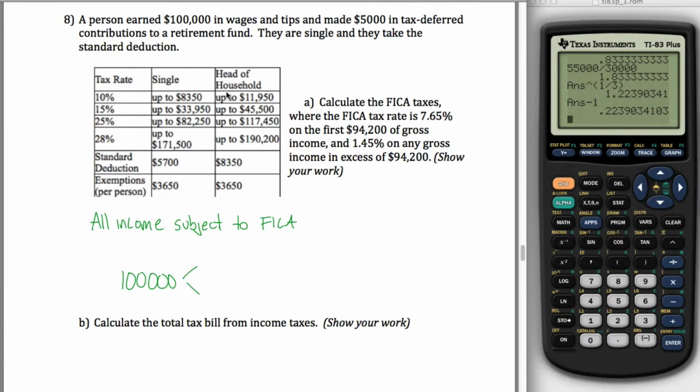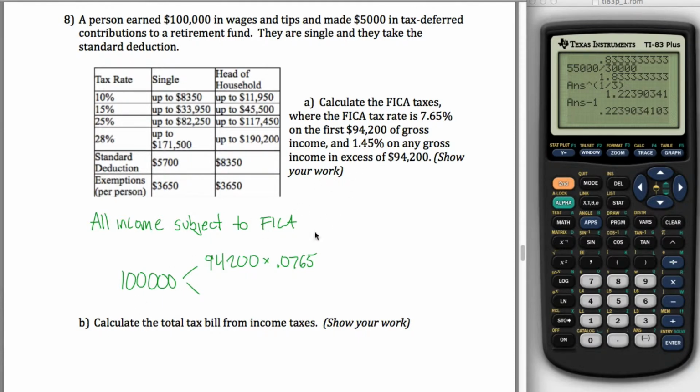It tells you somewhere in here the FICA tax rate is 7.65% on the first $94,200 gross income of all of your income. So you take this $94,200, most of your 100,000, and you multiply that by 0.0765, 7.65%. And then any income in excess of $94,200, in other words, the difference between $100,000 and $94,200.